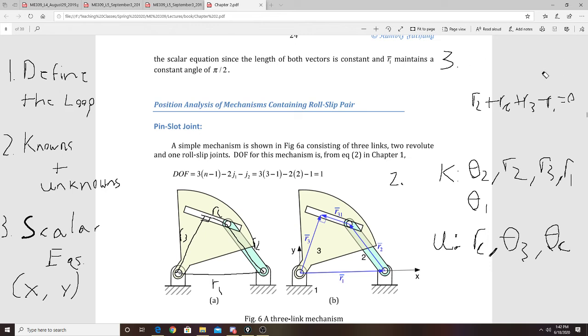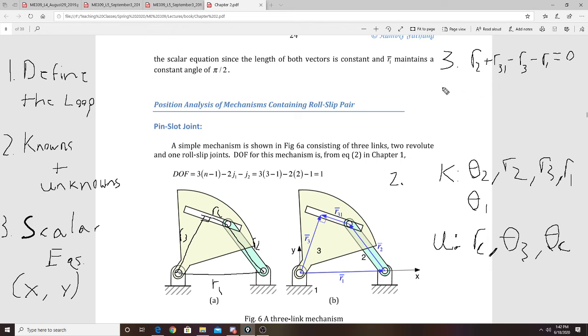So, real quick, I'm going to write out the equation. The next step, like I said, is the scalar equations and the actual equation. So let's do R2 plus R3,1 minus R3 minus R1 equals 0. I'll just do what the book did, but once again, I don't really know how they did it. The scalar equations are the same thing, only with cosines in here, right?